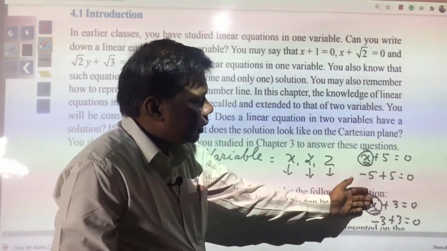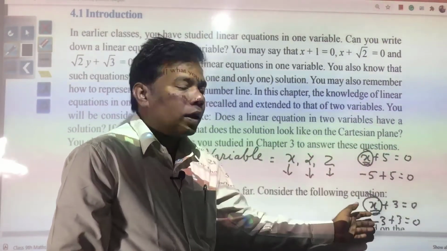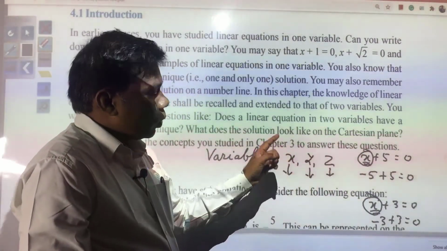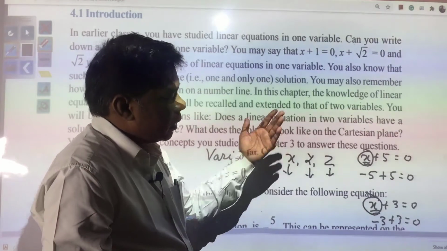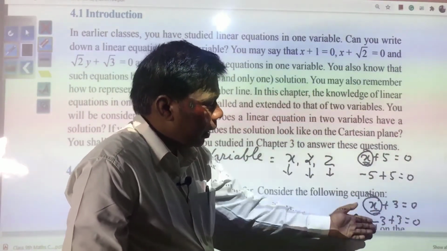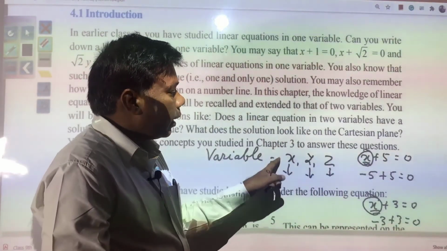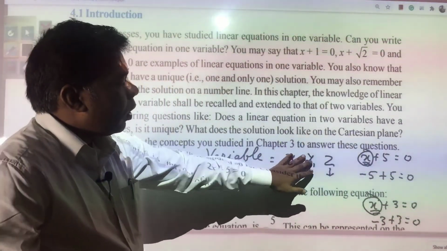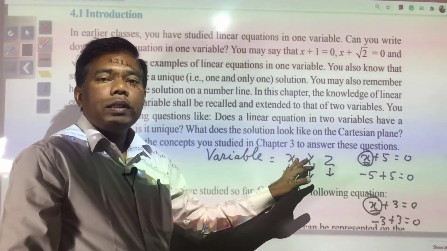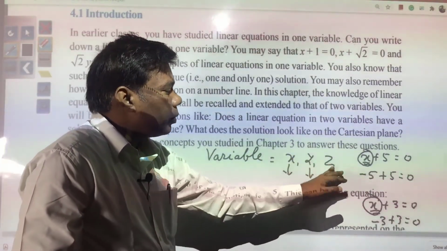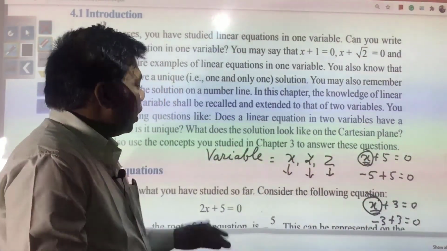It depends on the equation what value they will have. It may happen that the value of x may be minus 5, maybe minus 3, maybe minus 1, maybe 1, 2, 3, 4 or whatever, that is unknown. So, these are called variables. It means the value of these terms always varies.